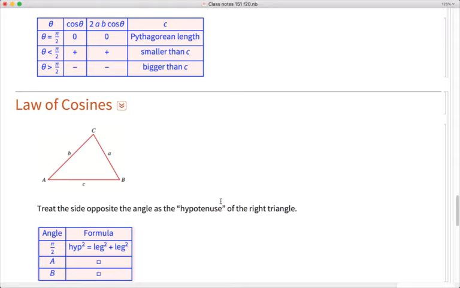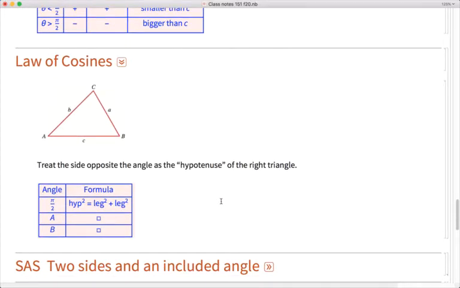Okay, so here it is, law of cosines again. I'm just redoing it for the standard picture we have of our triangles, where capital A, B, and C are the angles, and little a, b, and c are the sides opposite the angles. We can apply this formula to any of the angles, and if you apply it to angle A, the opposite side is the fake hypotenuse.